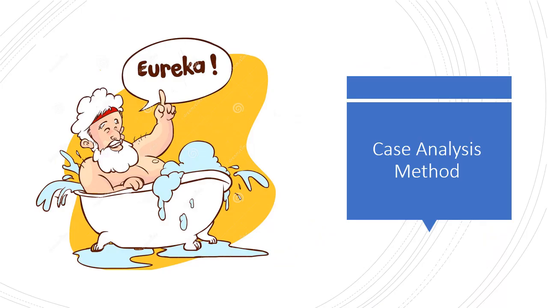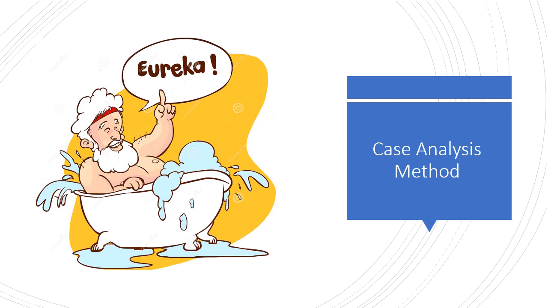Now we reach a very important point in studying the historical approach. The historical approach includes two methods. The first one is the case analysis method. The case analysis method focuses on the analytical study of the specific situation or specific topic or problem that a scientist has dealt with in a scientific study or scientific research.